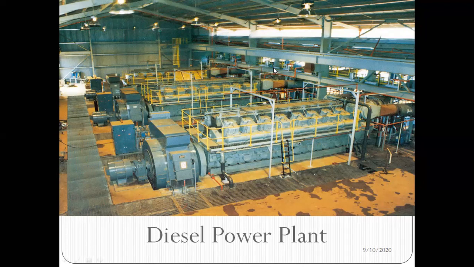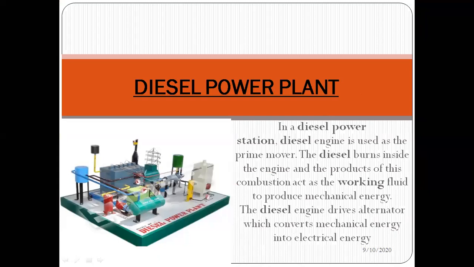Now in a diesel power plant, as the name suggests, a diesel engine is used as the prime mover. The diesel is a fuel that burns inside the engine, and the product of this combustion acts as the working fluid to produce mechanical energy.